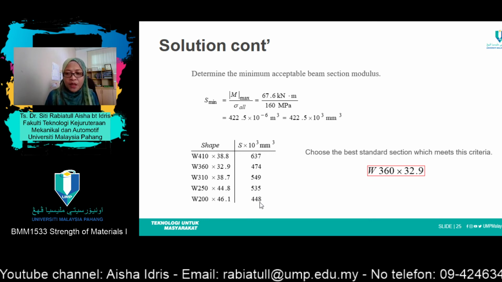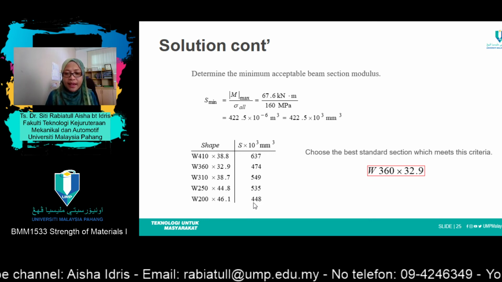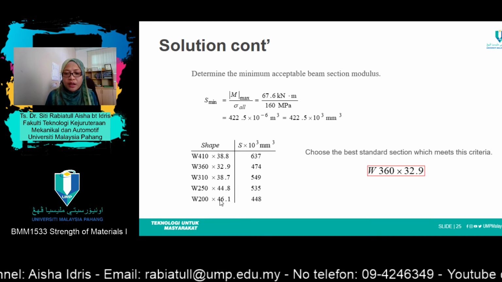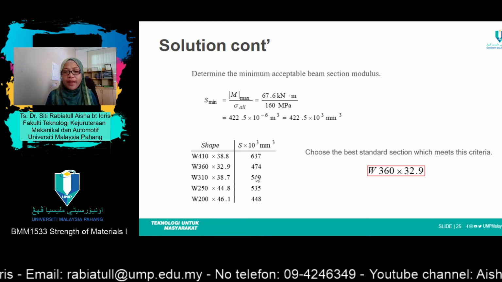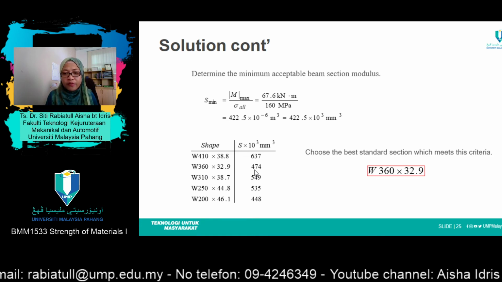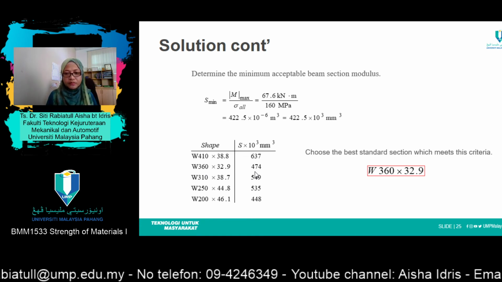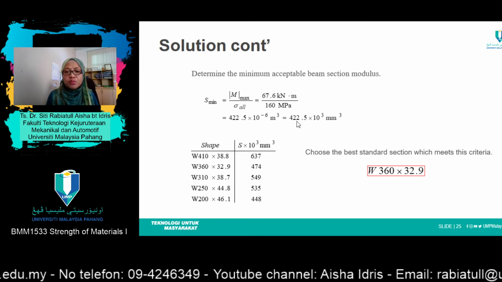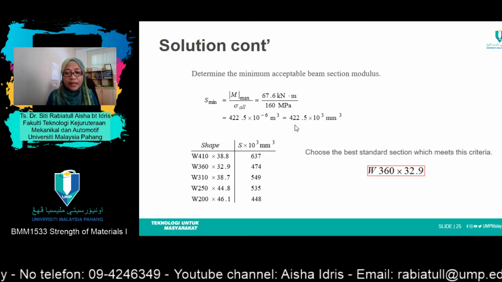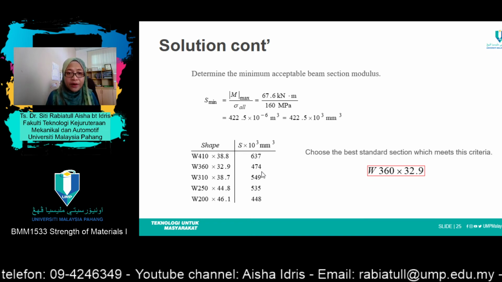However, for this case, we choose this type with the value of S is 474. If we compare to the value of S that has been calculated, it is very far.